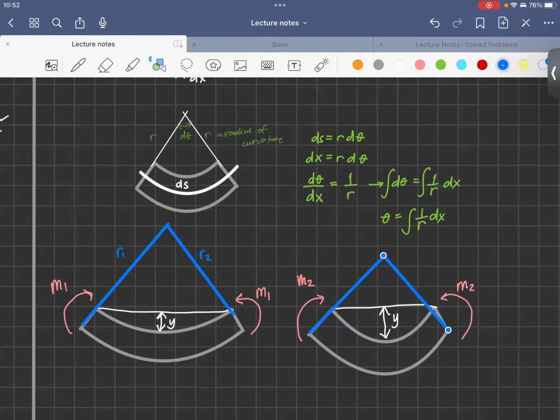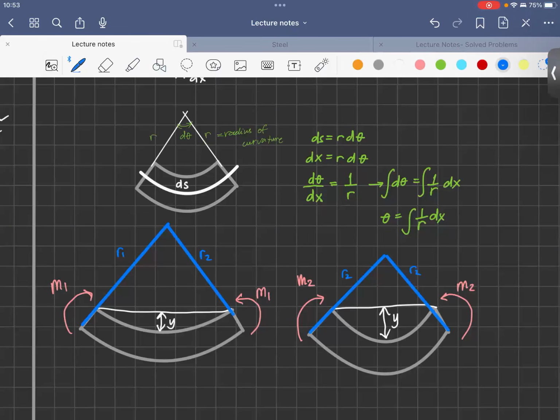Now, the bigger the moment, the smaller the radius of curvature is. So we can say that the radius of curvature is inversely proportional to the magnitude of the bending moment of the beam.